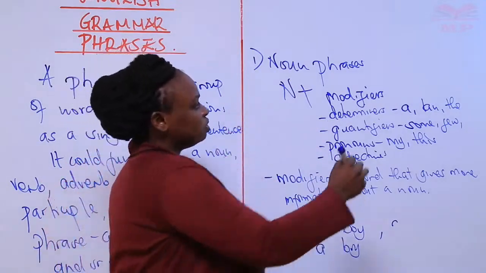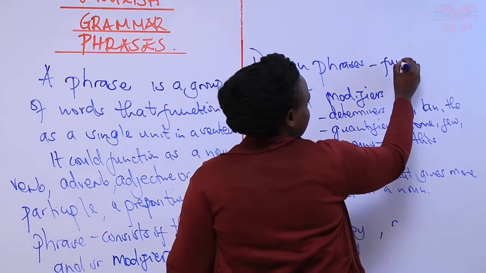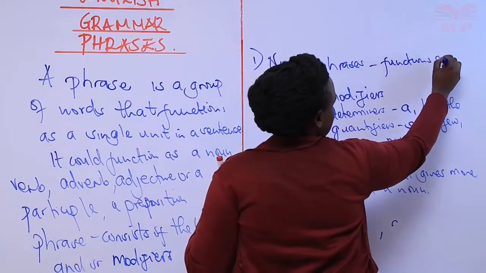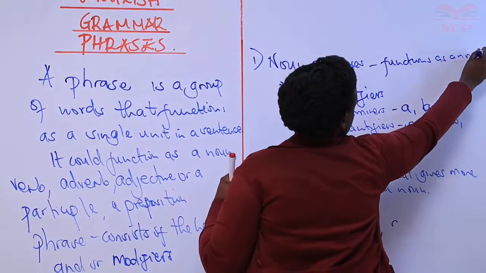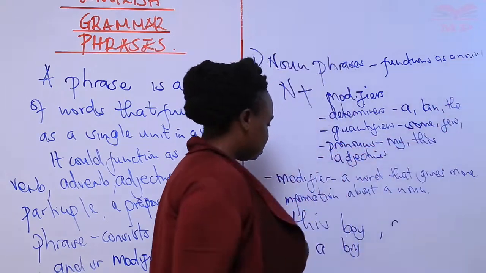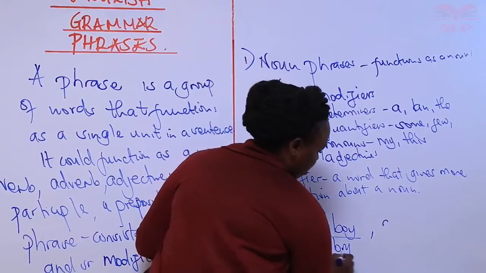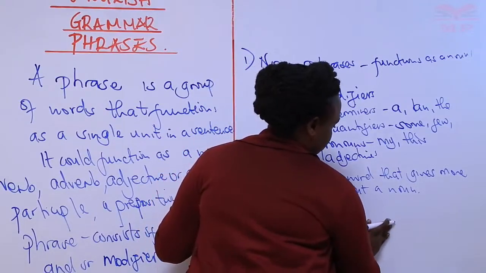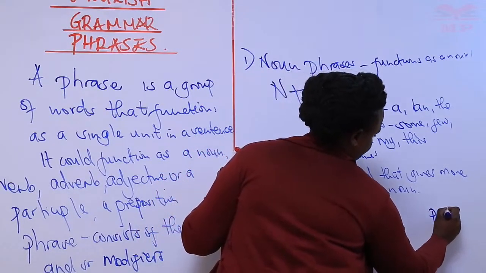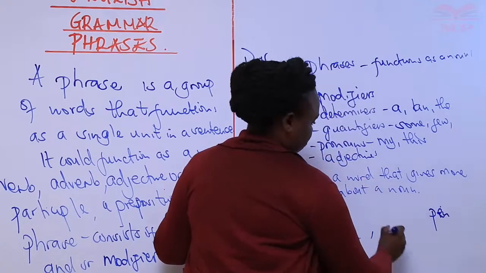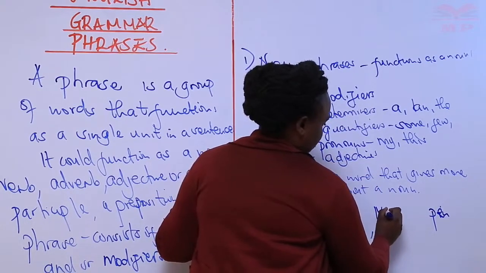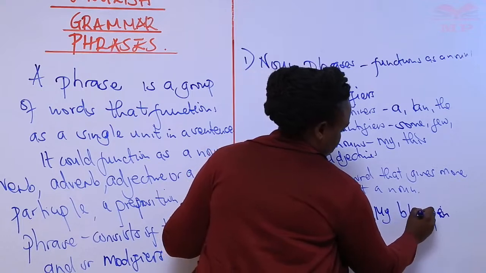The noun phrase is a group of words that functions as a noun in a sentence. So you say this boy. So this boy is a noun phrase. A boy is a noun phrase. Give me a word like pen. Pen. You can add my blue.